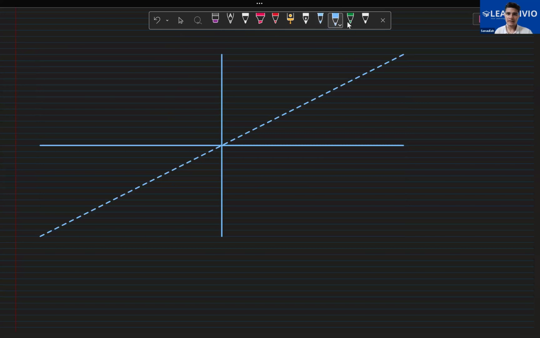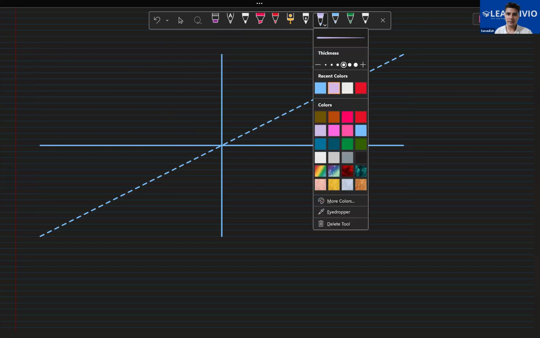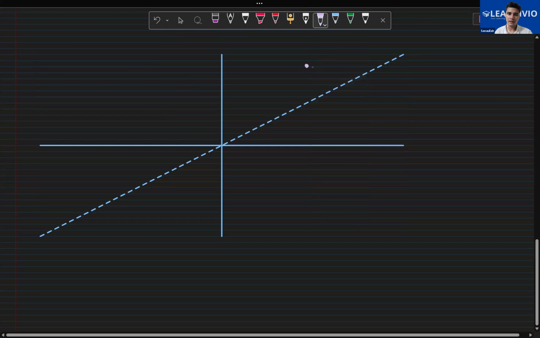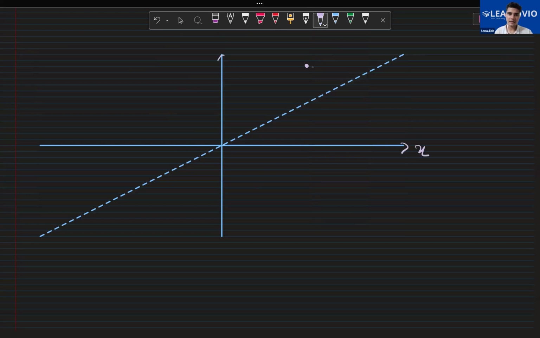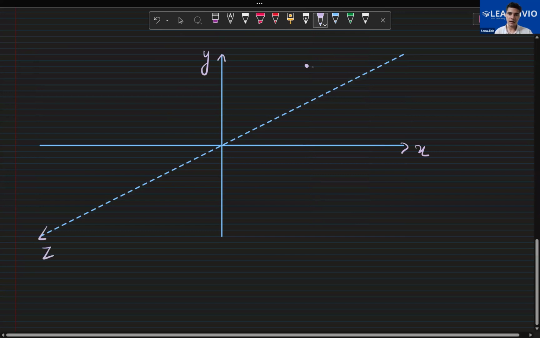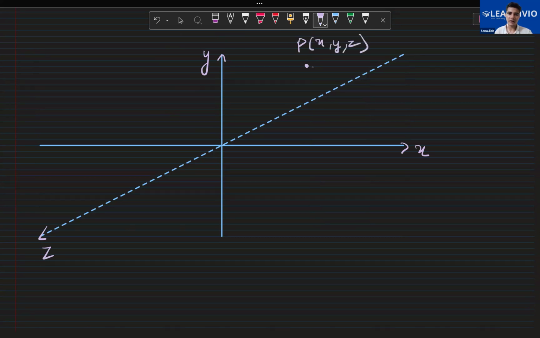All right. Let's say this is a distance. This is some point P in this plane. This is your x-axis, this is y, and this is z. And let's say this is a P point, x comma y comma z, and this is my origin, that is 0 comma 0 comma 0.